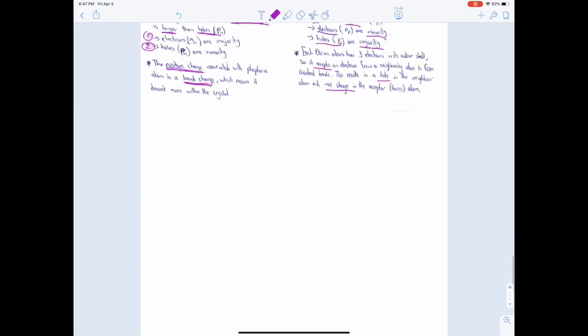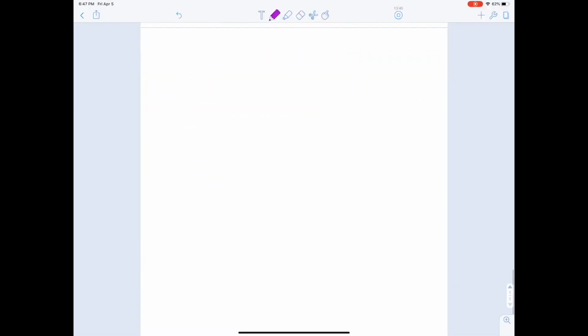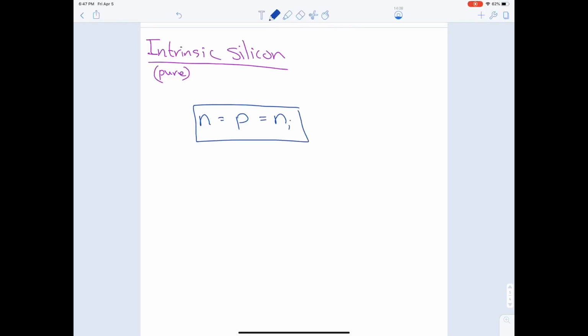Now, in intrinsic silicon, intrinsic, we said it means pure. Okay, we have, let's choose blue, N is equal to P equal to Ni. What's N?